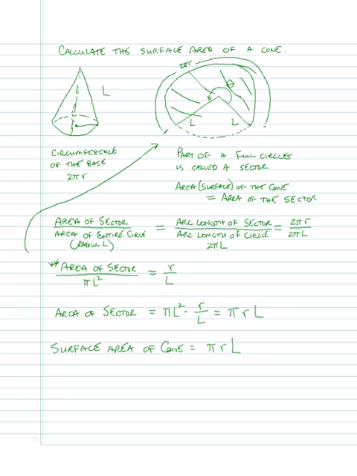As we're referring to up here, these are the r's and L's that we're talking about. So that's how we calculate the surface area of a cone.